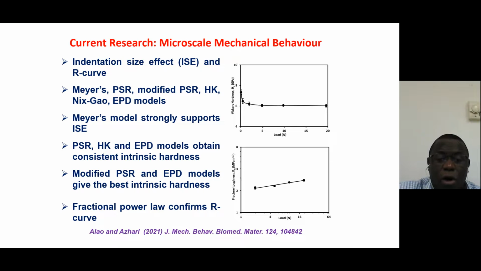And so once this phenomenon occurs, it is suggested not to use a single fracture toughness number because it fluctuates or increases with the crack extension. And this result can be found in this journal.